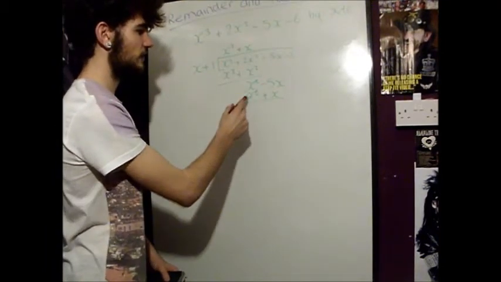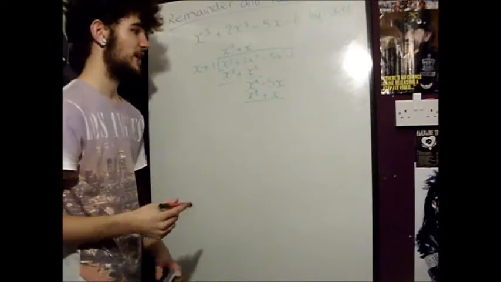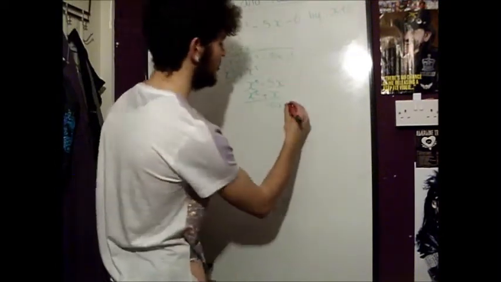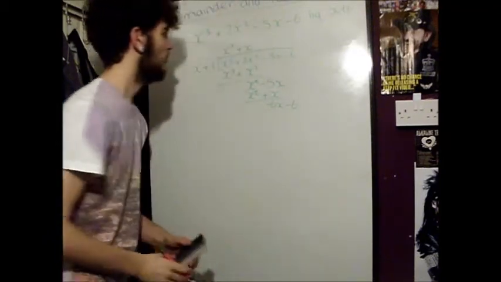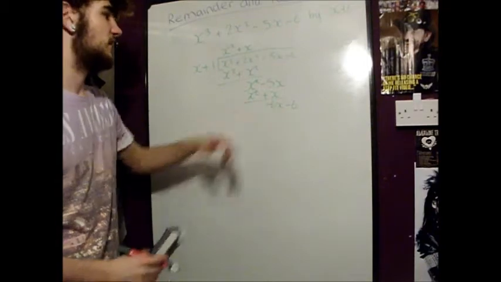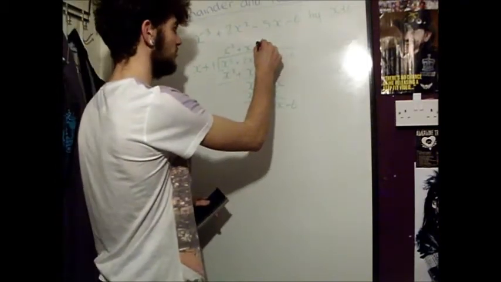And minus 5x minus x gives us minus 6x. Bring down the minus 6. Now we have to multiply x by minus 6 to get minus 6x, so we put that up here, minus 6.